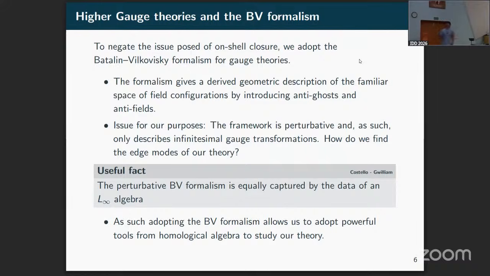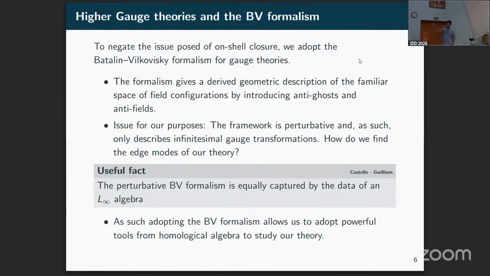The word derived here just means that instead of working with rings or manifolds, we work with homological algebras of these rings over manifolds. So we have things that are graded. And basically we start with the BRST complex, we expand that in a consistent way, and you do this by adding anti-ghosts and anti-fields.